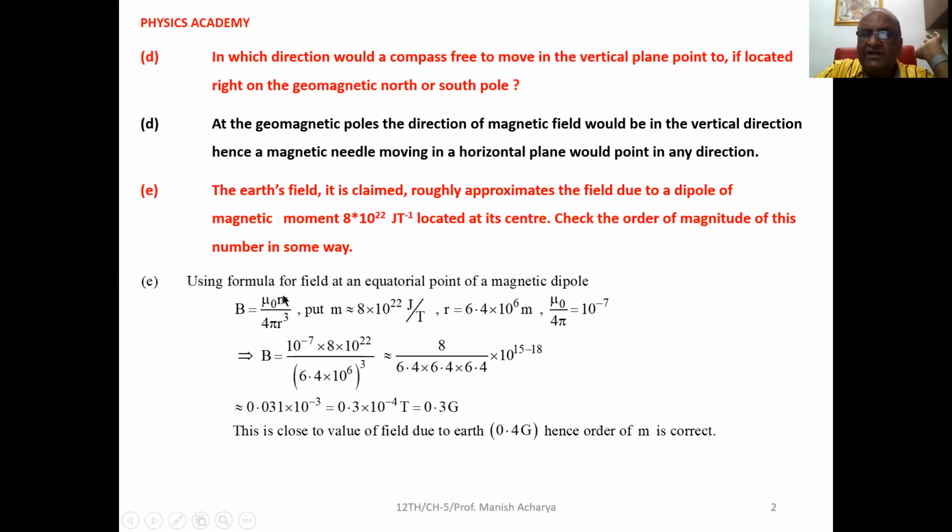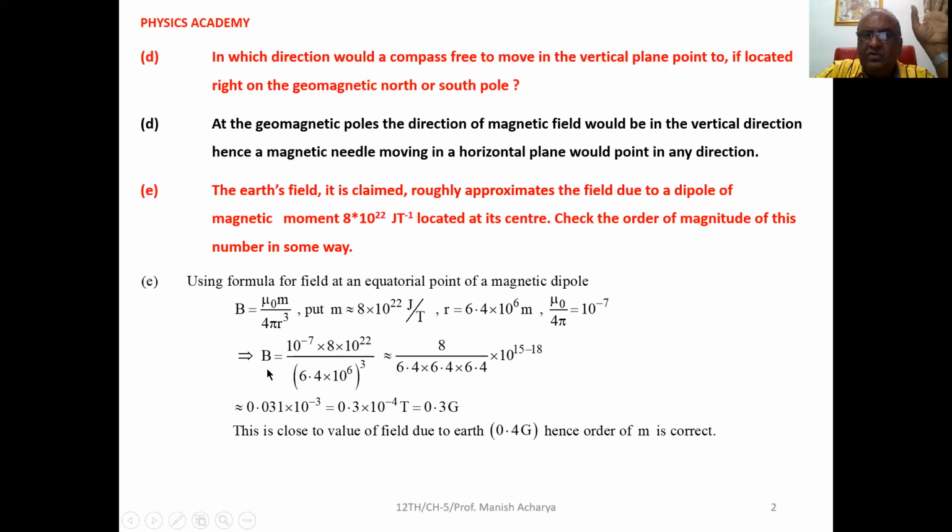In this particular equation, substitute m, magnetic moment, that is 8 into 10 raised to 22 joule per Tesla, and r, that is the radius of the earth, that is 6.4 into 10 raised to 6 meter, mu 0 upon 4 pi, that we can replace by 10 raised to minus 7.